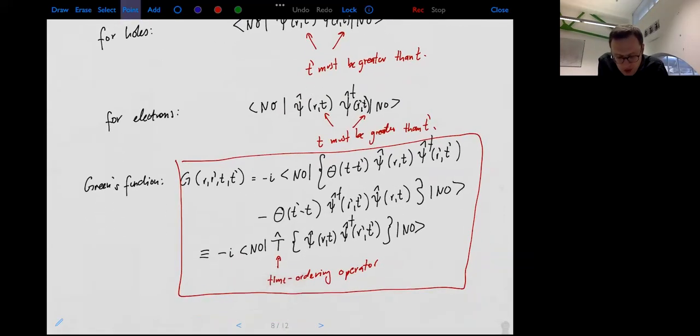And the Green's function basically describes both of these processes, electron propagation and hole propagation. And so this is the reason why the Green's function has these two terms, which in short can be written in this way, where I have introduced a so-called time ordering operator. Okay, so this is the definition of the Green's function.